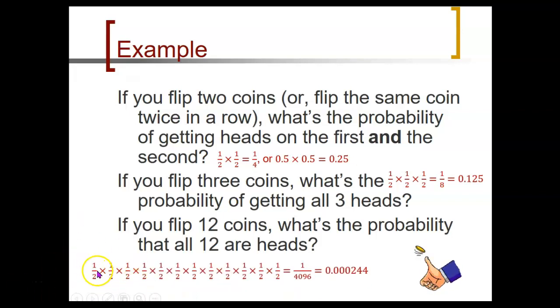So we would multiply 1/2 times 1/2 times 1/2 until we got 12 of these 1/2s all multiplied together. Another way to write that would be 1/2 to the 12th power. And if you multiply that all out, it comes to 1/4096. In decimal form, that would be 0.000244.